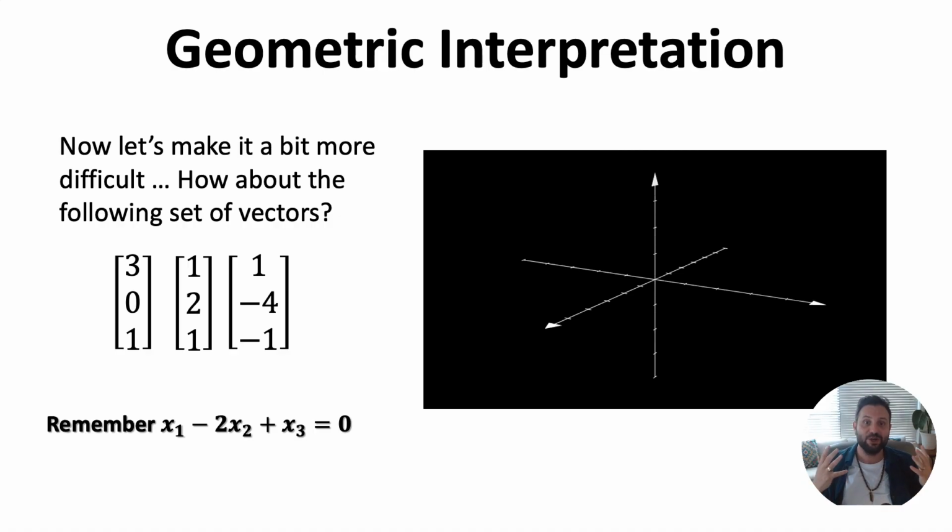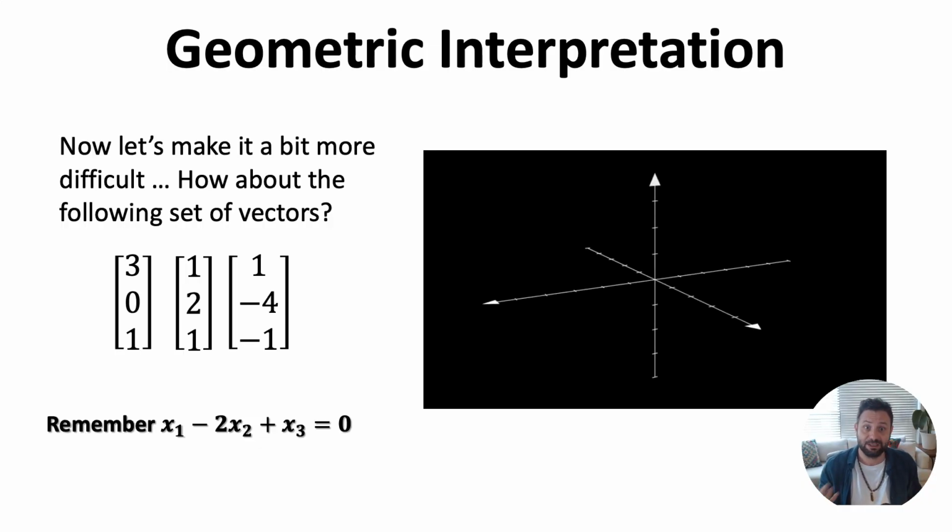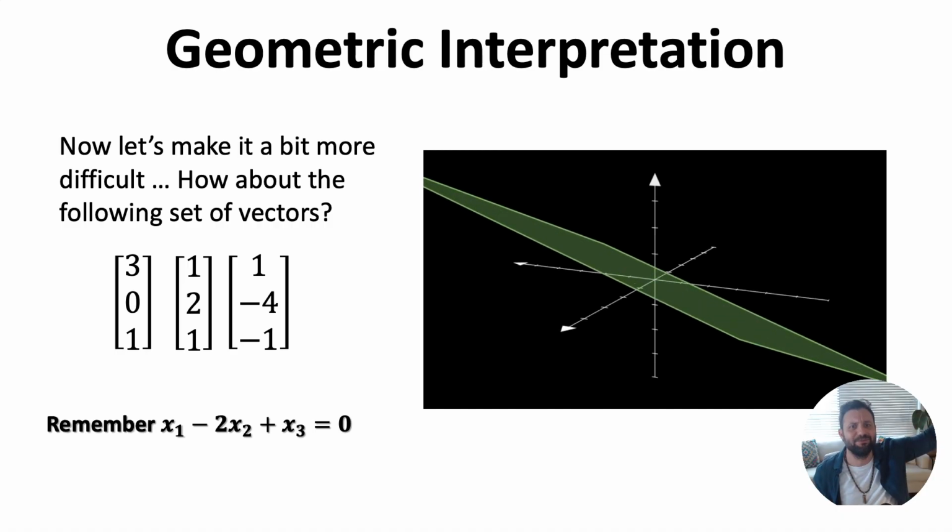Now, with that hope, I am introducing the third vector to constitute my third dimension, hoping that I could get the whole space. But there's one thing I realize: they are not linearly independent. Remember, I said x1 minus 2x2 plus x3 is equal to 0, meaning I can get x3 from linearly combining x1 and x2. So if I linearly combine these three vectors, I will still get a plane.